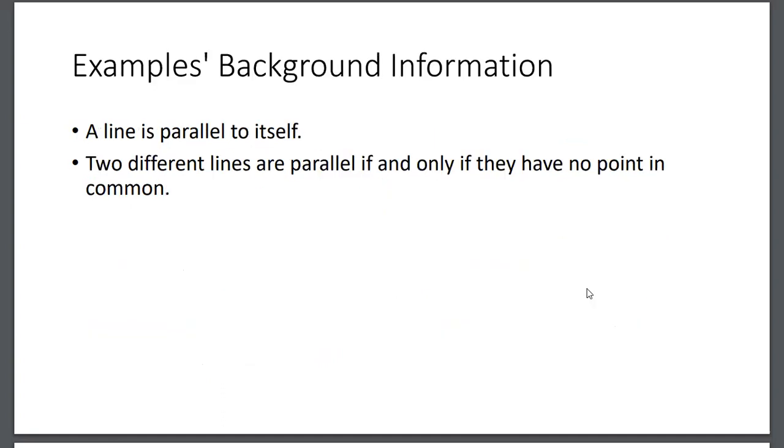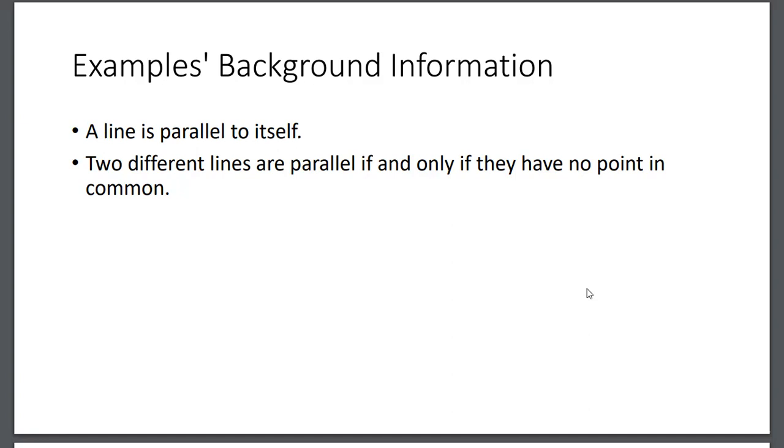Some background information for examples that will be shown. A line is parallel to itself. So we don't really want to spend much time on that. That's self-evident. Two different lines are parallel if and only if they have no point in common.